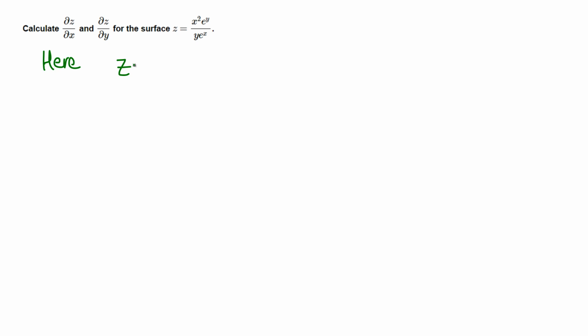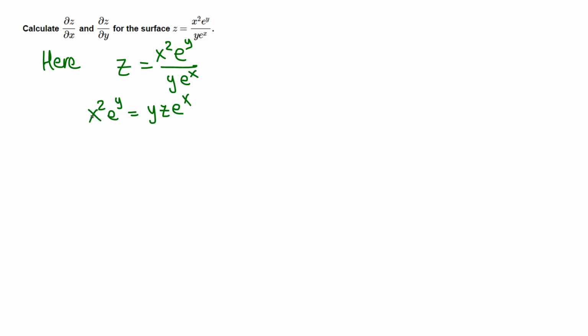here g equals x squared e^y over y e^x, which is the same as we can write g over 1 cross multiply: x squared e^y equals y g e^x.